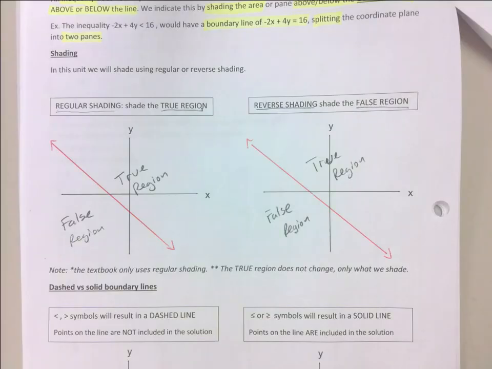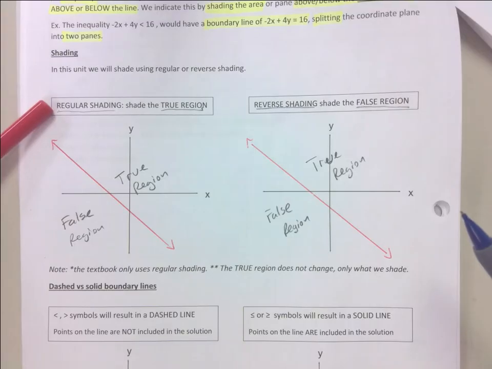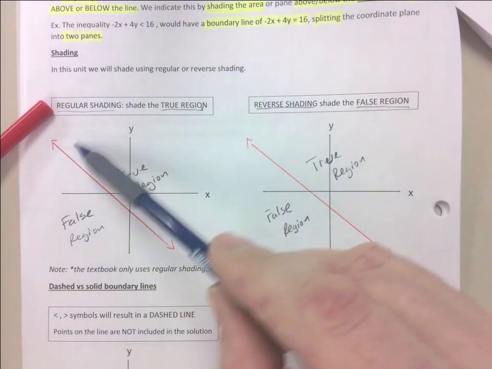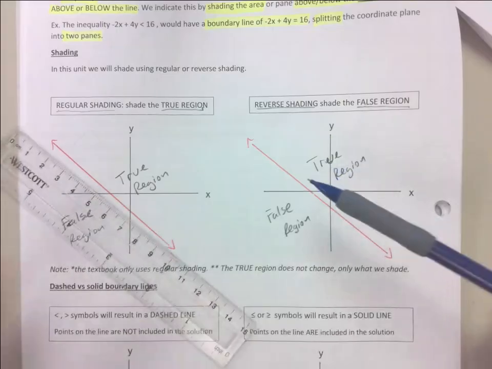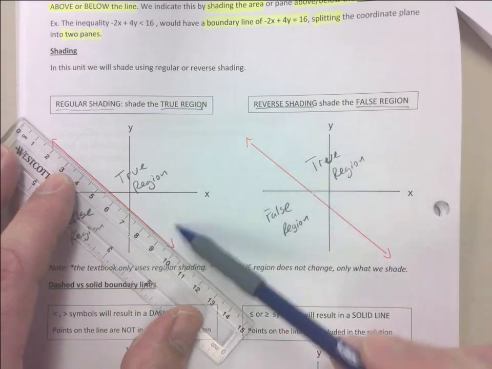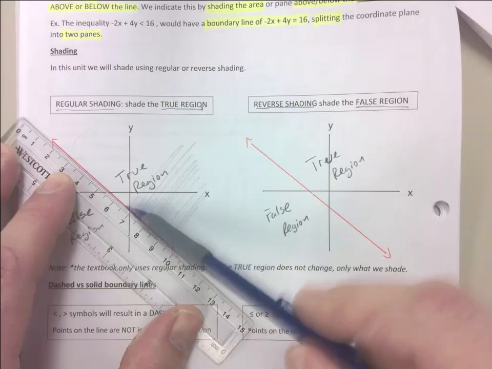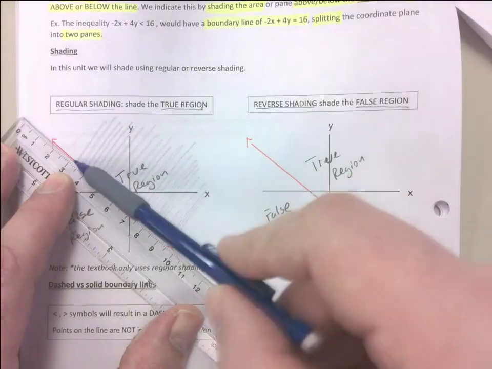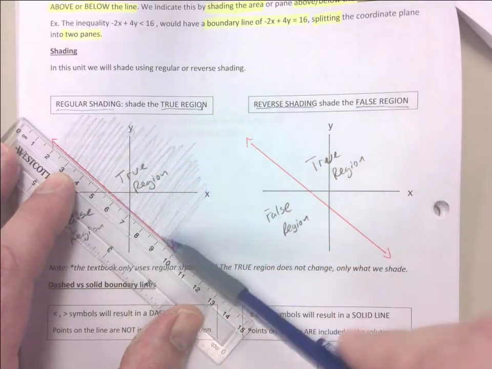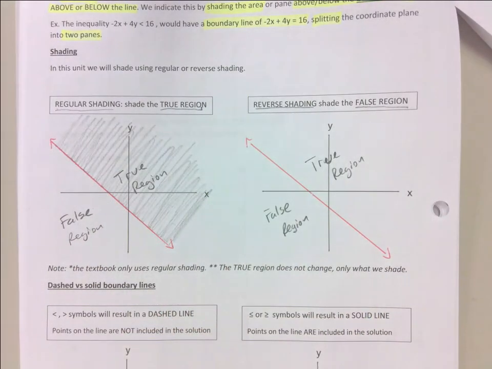And if you have a pencil here, this is what happens. If you do regular shading, which is what most textbooks and computer software do, and this is a trick here, use your ruler, put it right against the boundary line, and then just shade it like that. Okay.